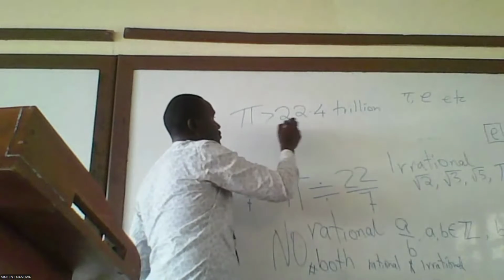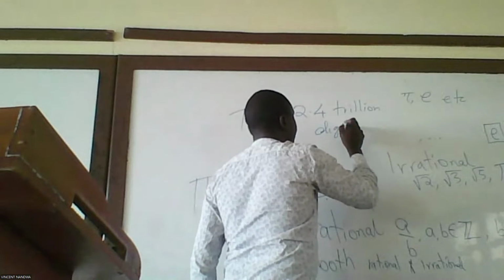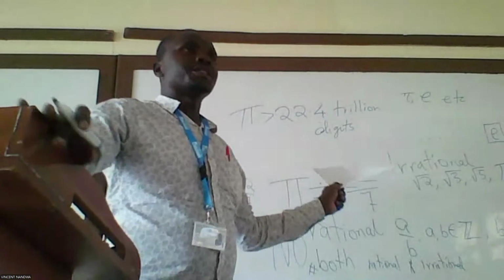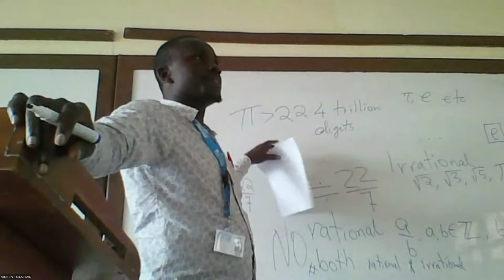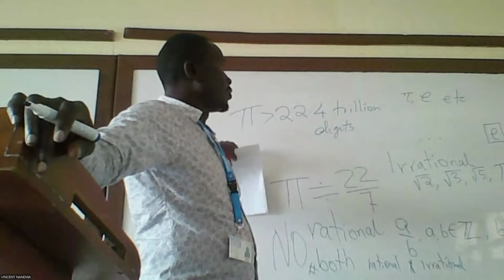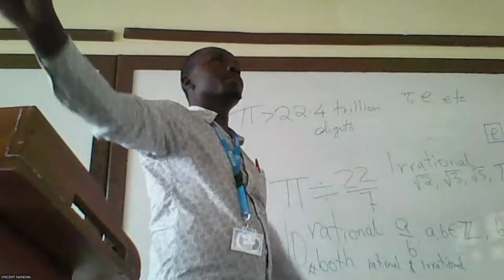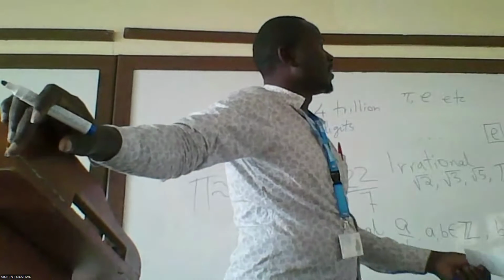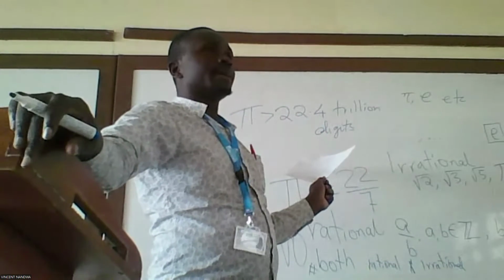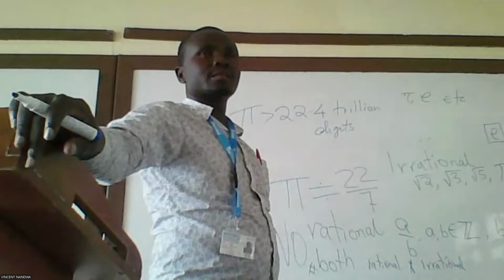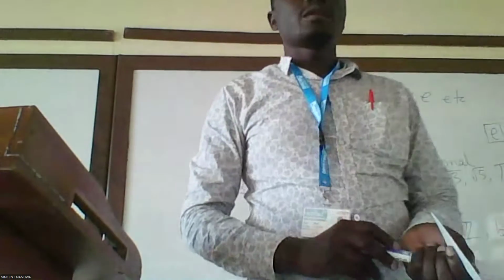If you had to write the digits which define pi, we'd write on all these boards and not have enough, all these walls, even the ceiling and the floor, and we would not exhaust them. Do you have smartphones? Can you Google how many digits pi has currently?